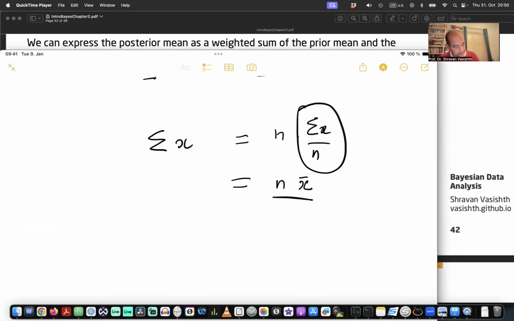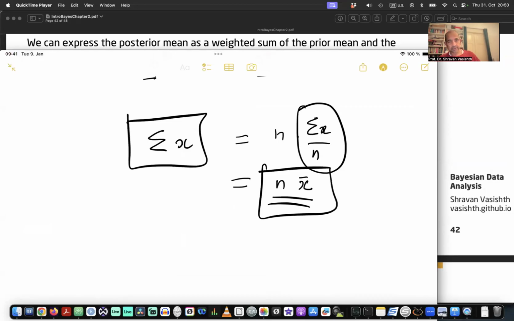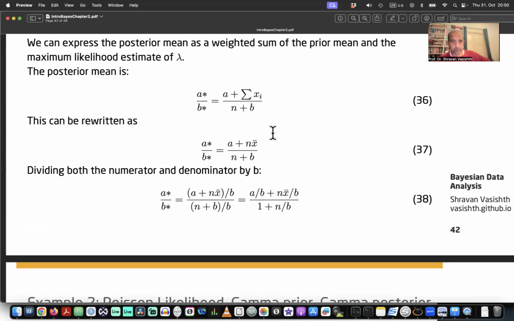So N times X bar is the same thing as sum of X, right? This is a common trick in statistics that's used very often. That's why I converted this sum of X into N X bar.